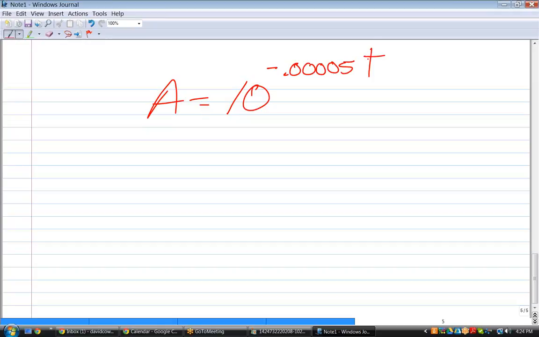There's no e in this? No. Then 10 to that power? Yeah, where A is the percentage of carbon-14 remaining in the tree that is t years old in decimal form.